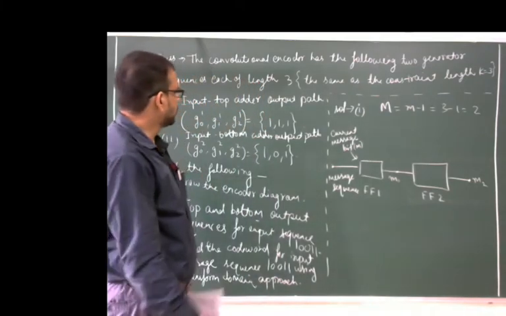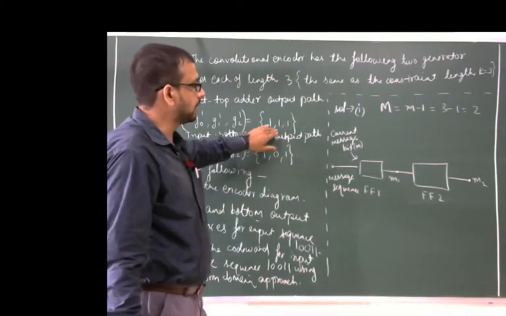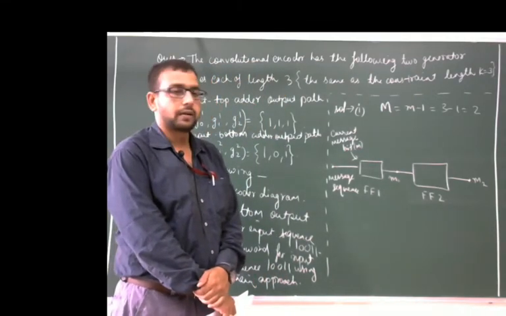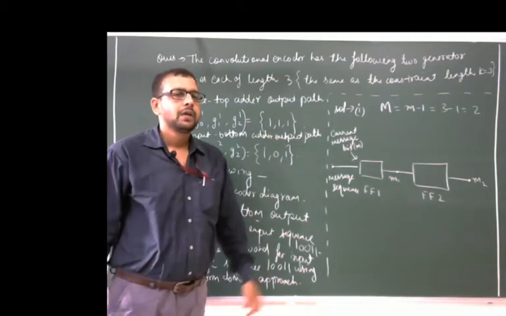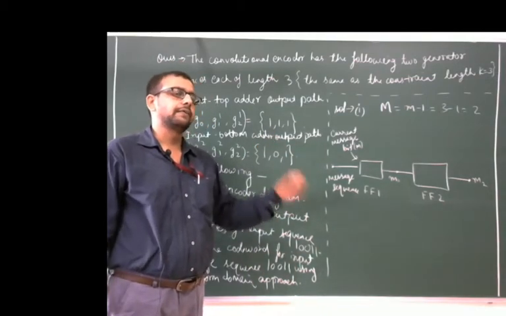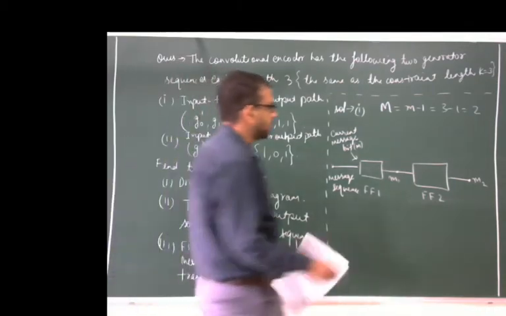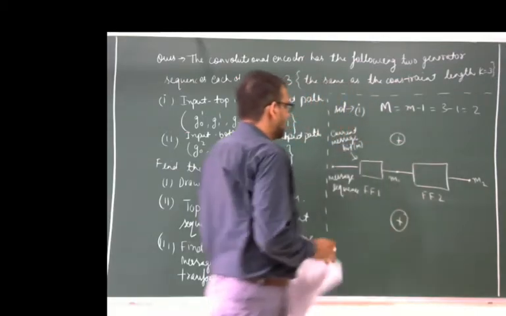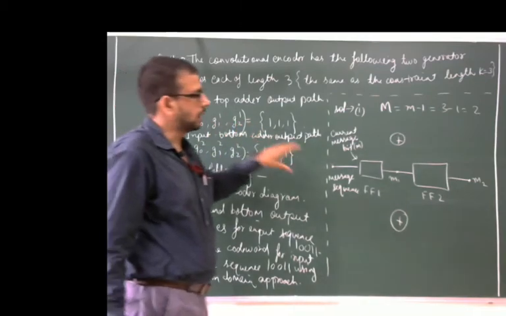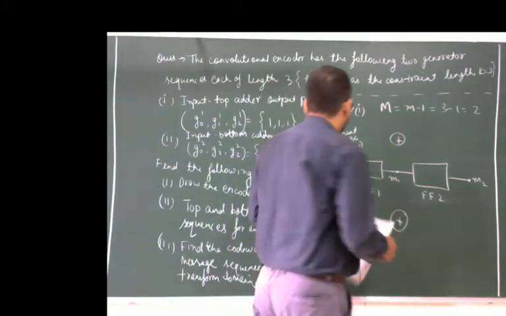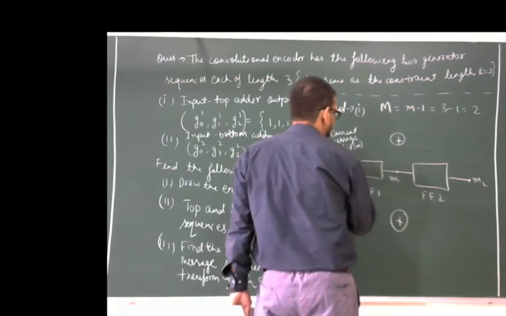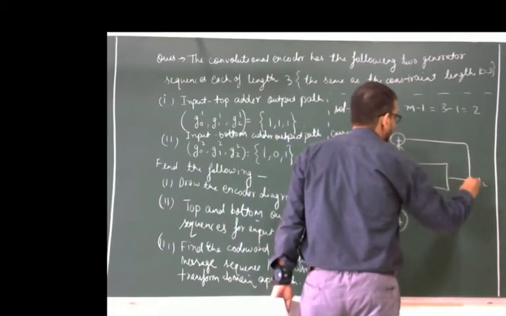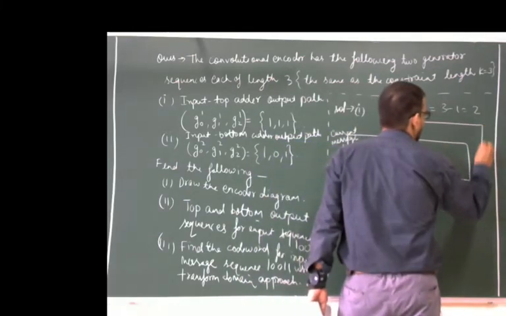Now according to the first generator sequence, all three, M, M1 and M2, are connected, because the 1 indicates the input is connected to the modulo adder. There are two modulo adders depending upon the number of generator sequences. The first one is 111, which means this will be connected, this will be connected, and this will be connected, and finally here we get output 1.